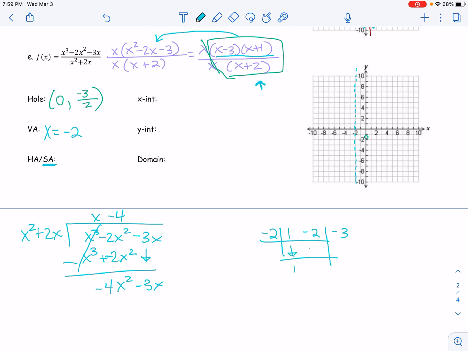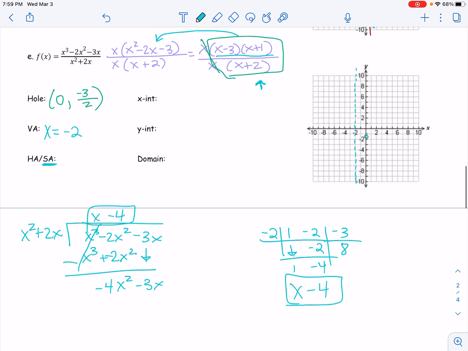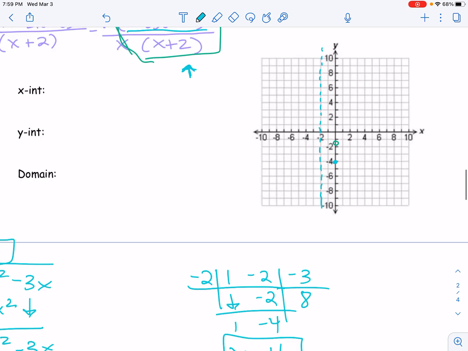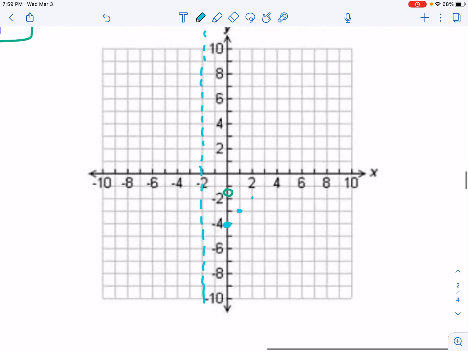Drop it down, multiply. Negative 4, 8. Doesn't really matter what I get here because I can stop and say x minus 4. So either way, I'm getting y to be x minus 4. So I can draw that line as my slant asymptote. X minus 4 has a y-intercept of negative 4 and a positive 1 slope. So here is my slant asymptote.